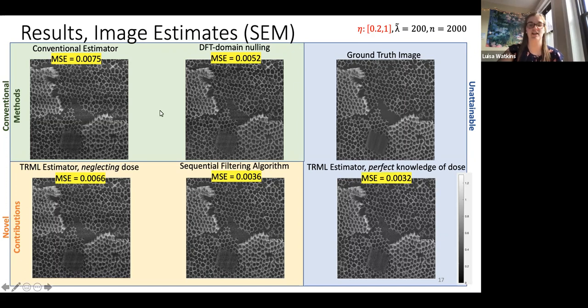And if you notice, the stripes are very hard to see because SEM is a very difficult problem and they're so similar, where again, if we look at the relative MSEs here, they're so small, and there's hardly a difference. But if you notice, my algorithm is very, very close to knowing perfectly what the dose is, which just shows how great of a job the algorithm can do.